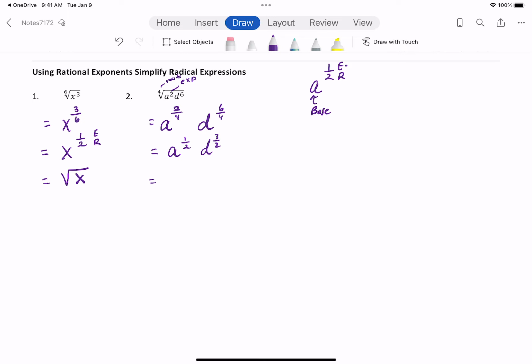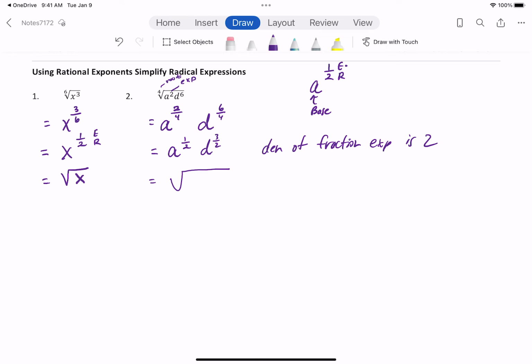So then to rewrite it as a radical, you notice that both of the denominators are 2, right? The denominator of the fraction exponent is 2. So that means we're going to have a square root.